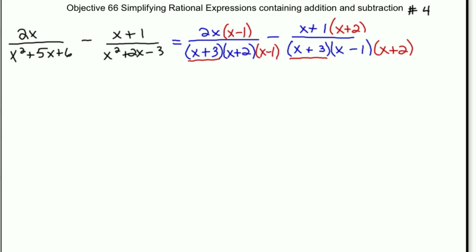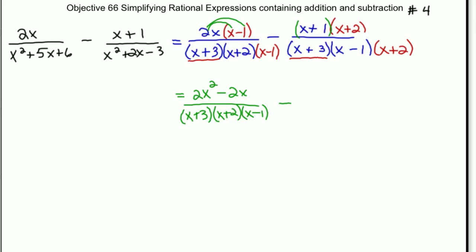I'm left to now distribute the 2x to the x minus 1. So I'm going to have 2x squared minus 2x all over the quantity x plus 3 times x plus 2 times x minus 1. That's going to be subtracting. Here I need to FOIL.